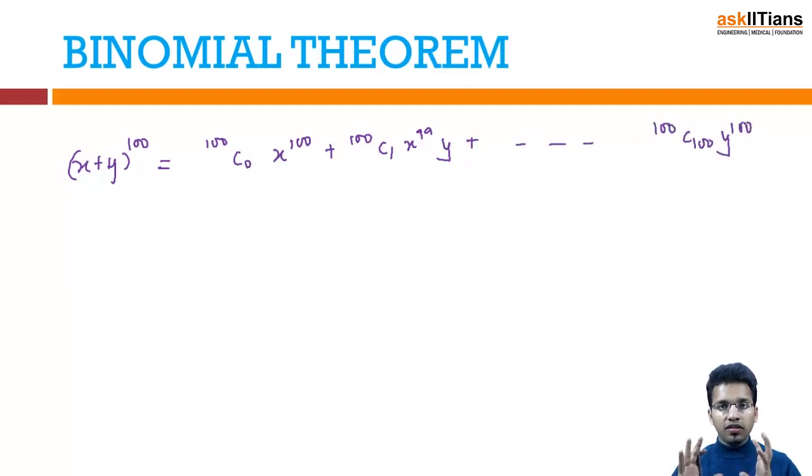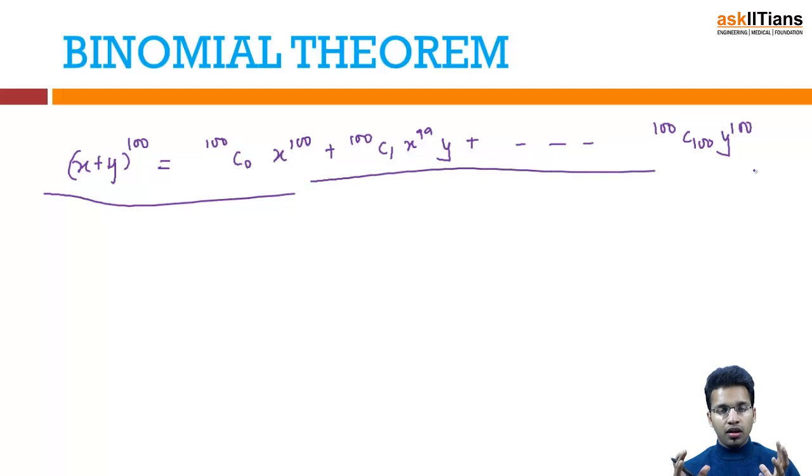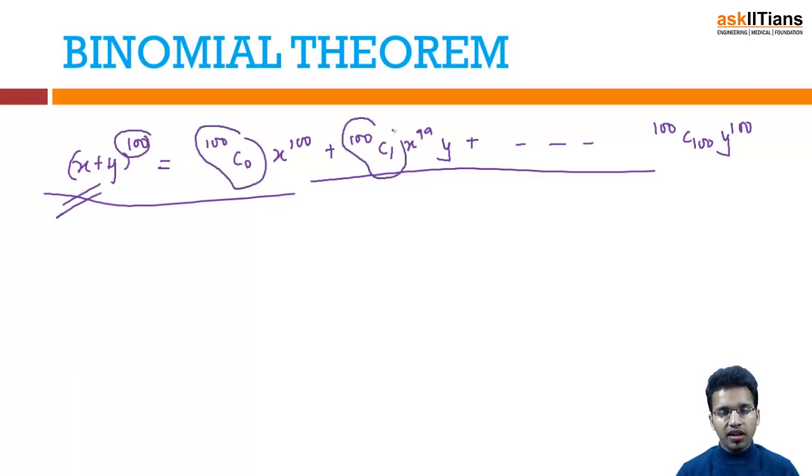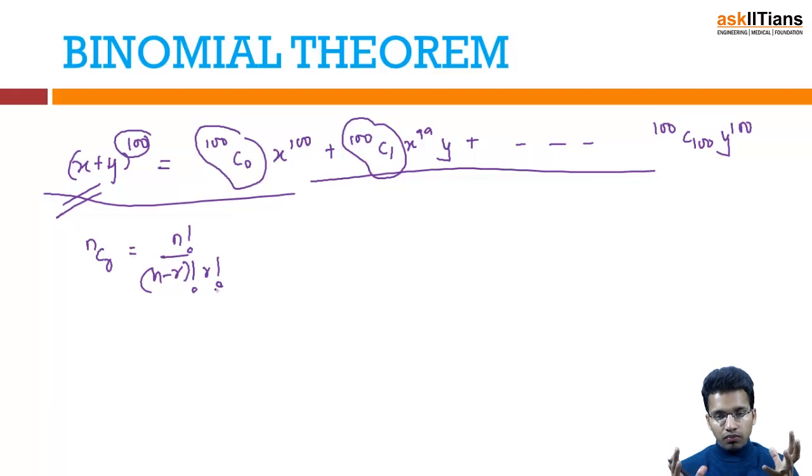So now this is the basic crux, that we are able to expand, which seemed like a very difficult task in the beginning. This is the crux of the binomial theorem, how we are going to use the index, and I'm going to explain it in more detail in the coming videos. For right now you just need to know that nCr is nothing but n factorial over (n minus r) factorial into r factorial. So that is for this presentation.